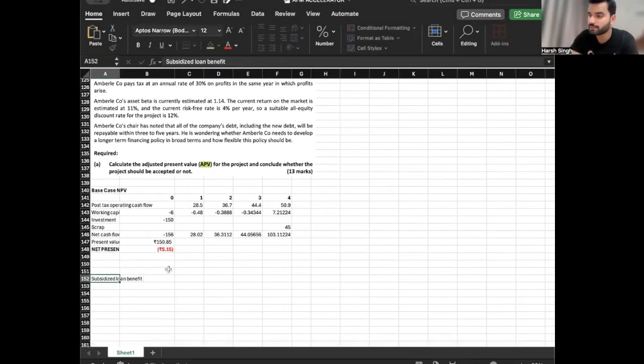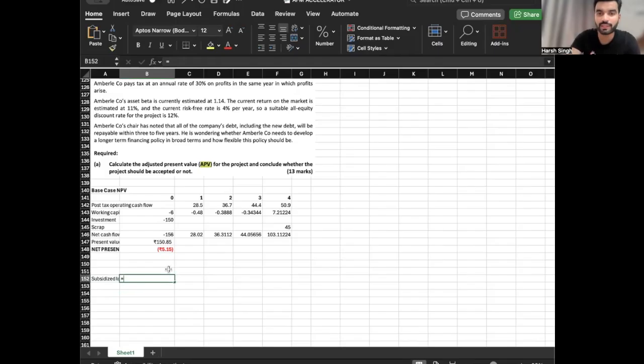Now, the first point we are solving is subsidized loan benefit after tax.